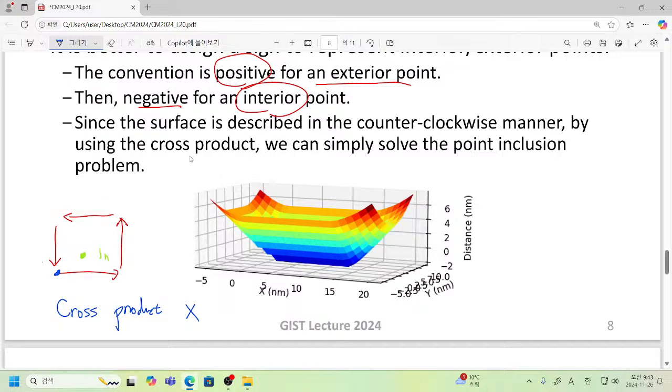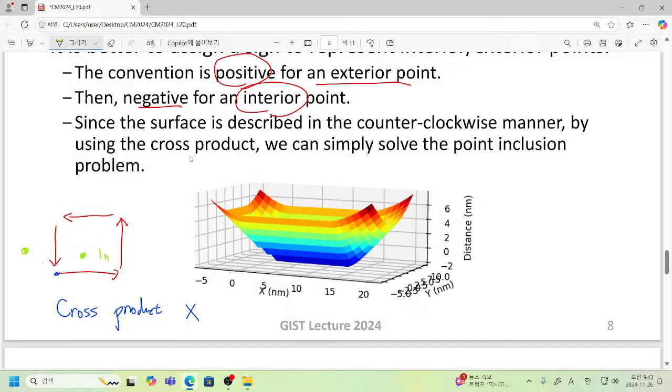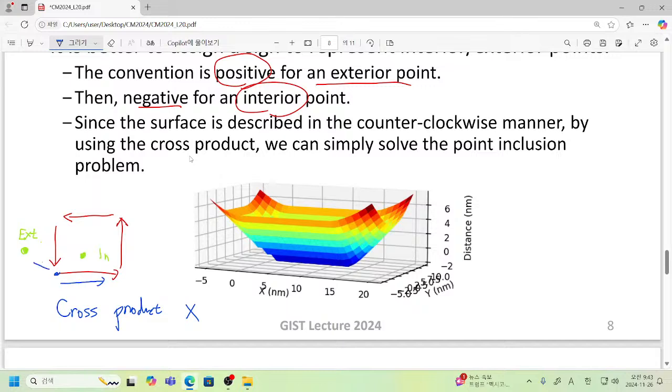Okay, so then maybe you can ask me, I understand that if we have an interior point, all the cross products become positive. Then how about the exterior points? If we have a certain point here, which is an exterior point, then please try to calculate the cross product once again. For this one it gives still a positive value. Then maybe it is not certain to check the cross product, so let me just do it once again.